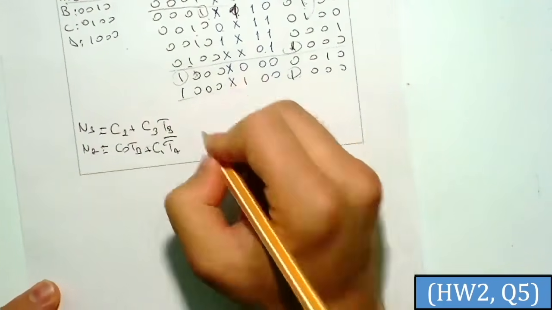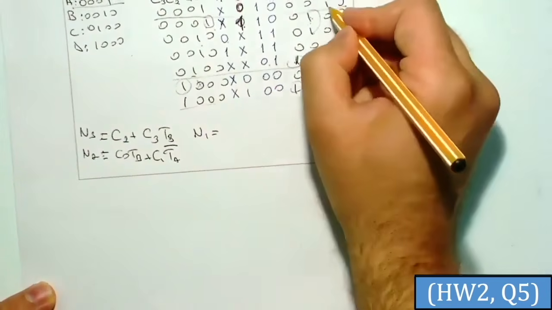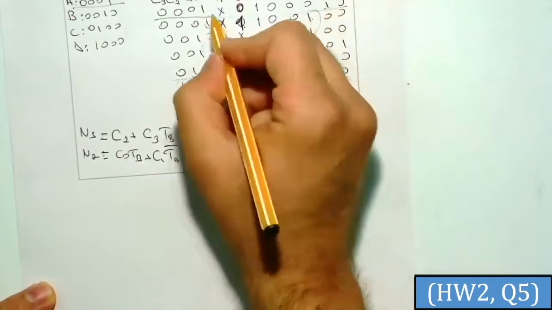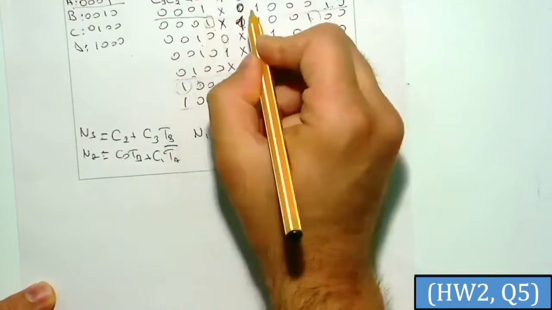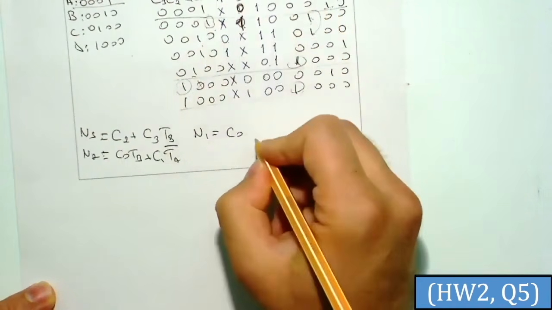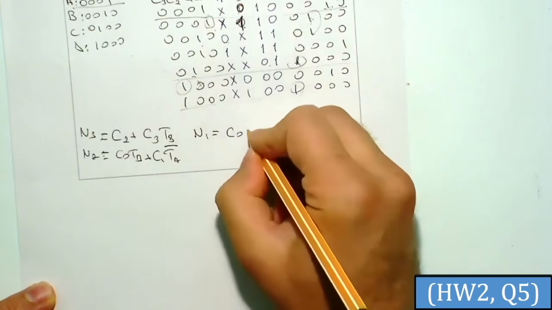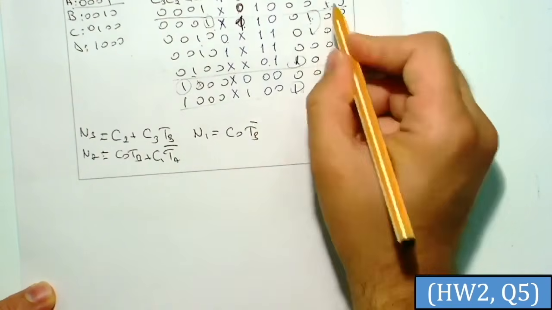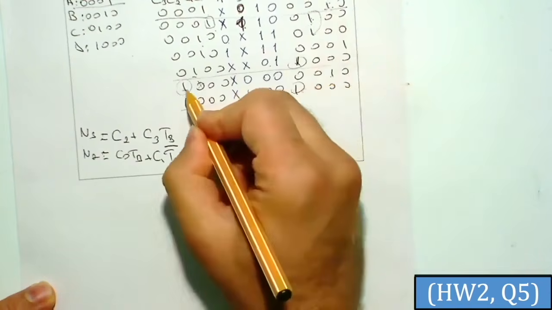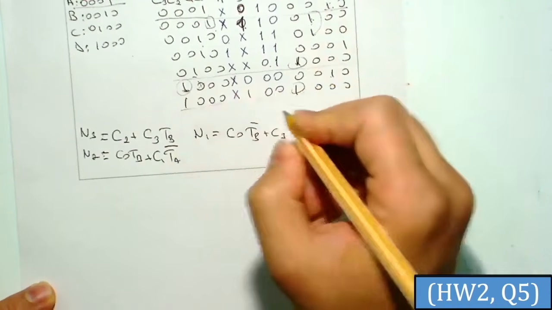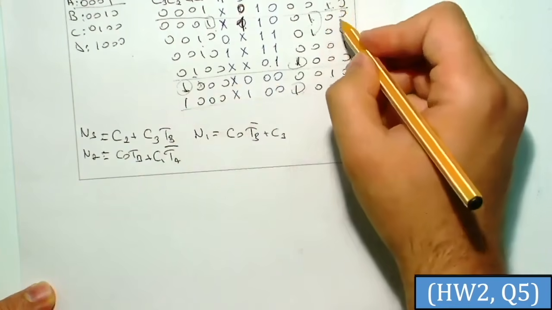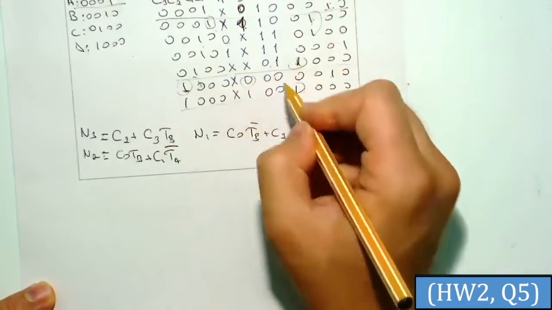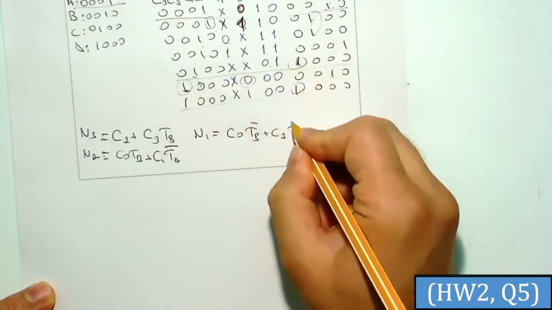So for N1, I have N1 1. This means that C0 is 1, and so I have TB as 0. Okay. And for that one, I have C3 as 1, and also we have TB 0. Right.